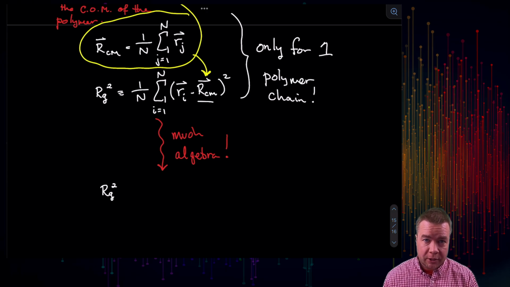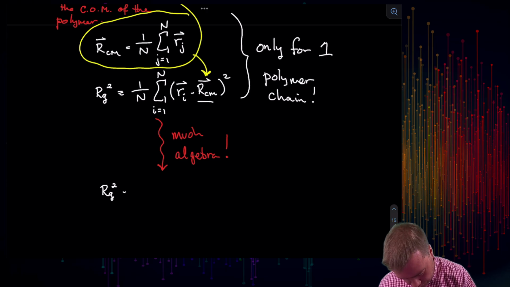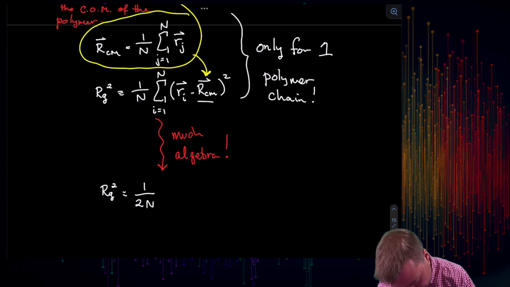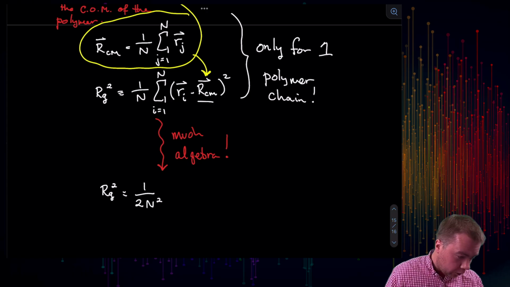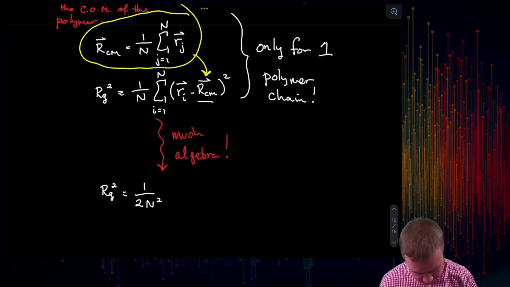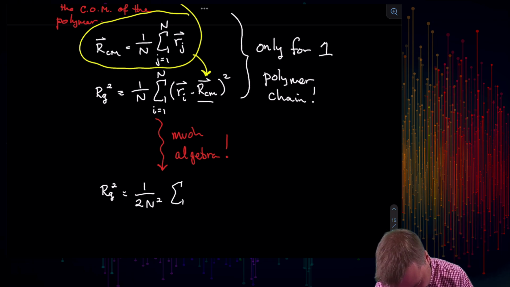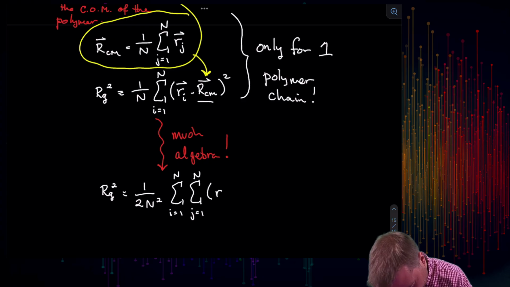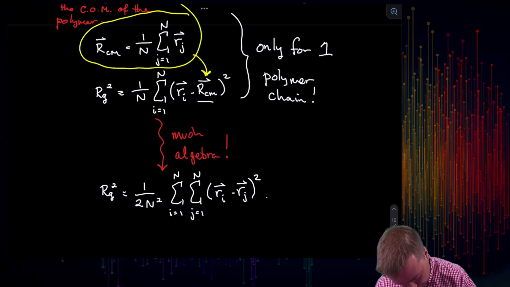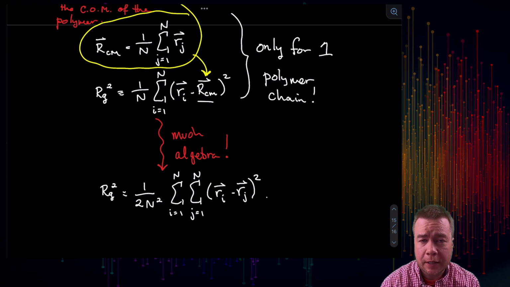But for one polymer chain, after all of this algebra, we get 1 over 2n squared, times the summation of i equals 1 to n, summation of j equals 1 to n, of Ri minus Rj squared. Okay, so it becomes a lot of work to get to that expression.